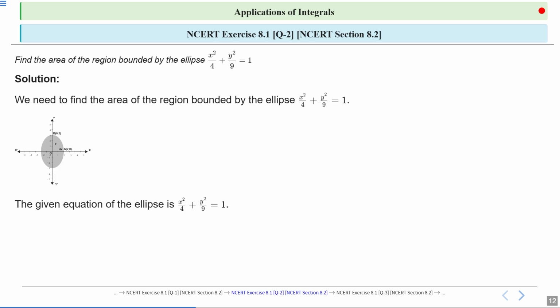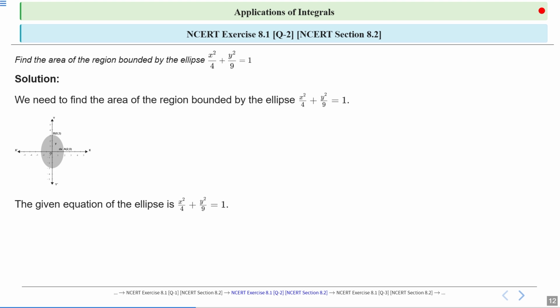To get this area, either we can take a vertical strip or a horizontal strip. If we take the vertical strip, that is parallel to the y axis, its width is dx and its length is y.